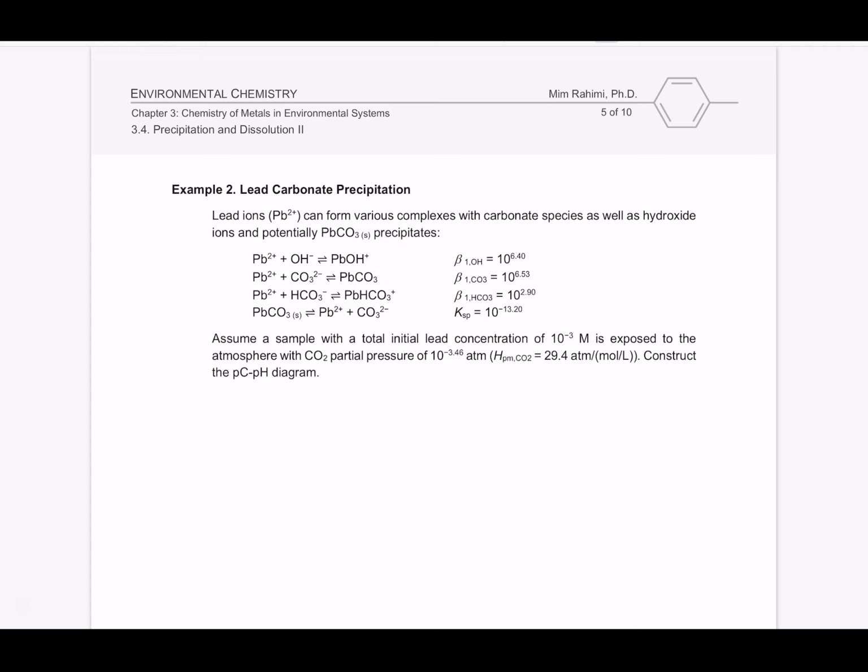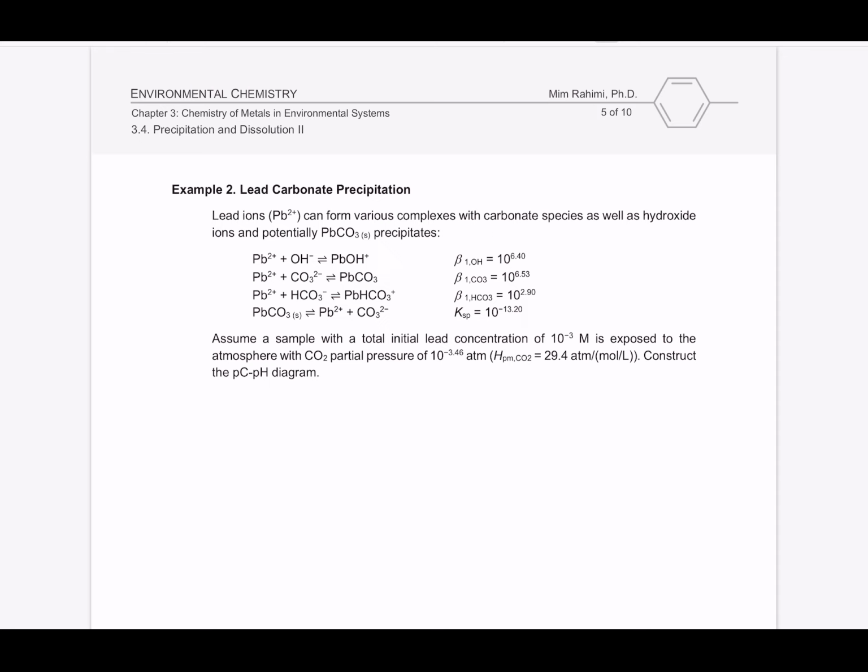So let's see what's the difference between this example and the previous example. Obviously it's lead, so a different equilibrium constant. Based on the information that is given here, without even reading the statement, I have 3 complexations, all beta 1.